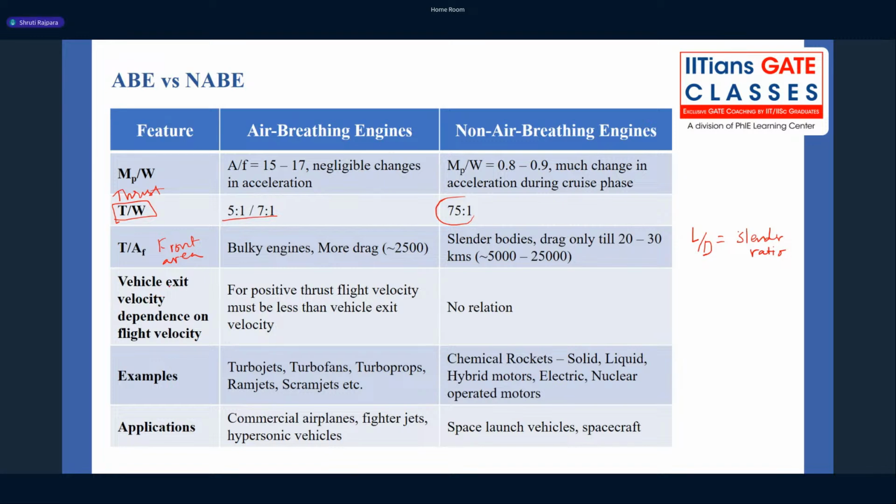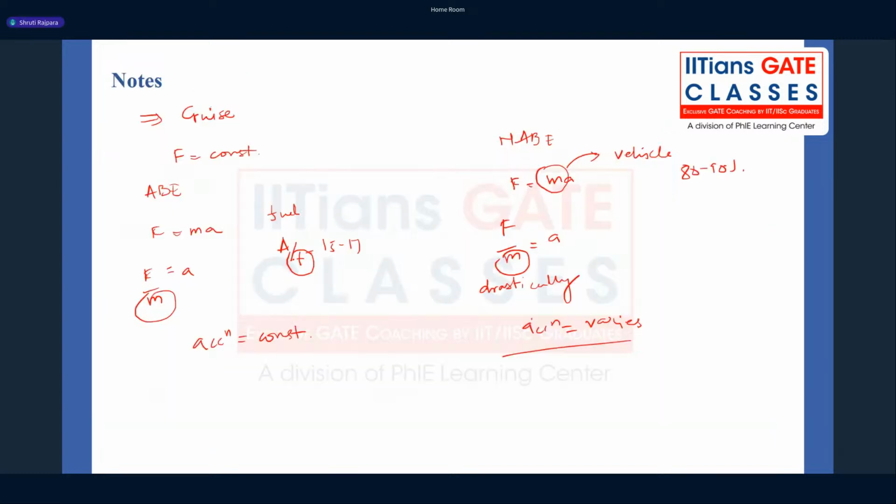Now moving towards vehicle exit velocity dependence on the flight velocity. When we write the thrust equation, there is something getting ejected out, which contributes to the exit velocity, and there is UI, the flight or engine intake velocity.